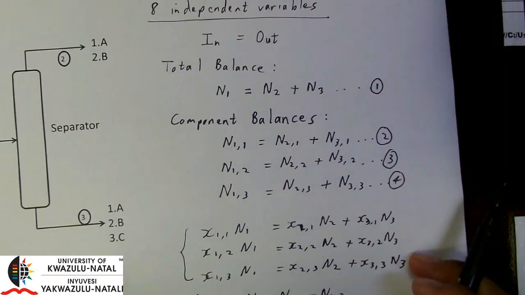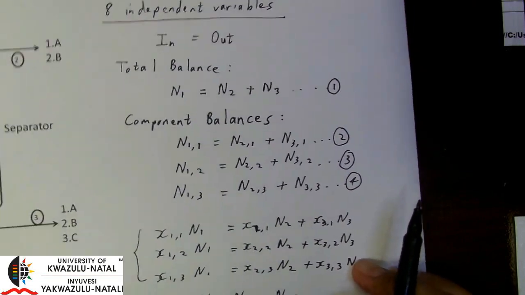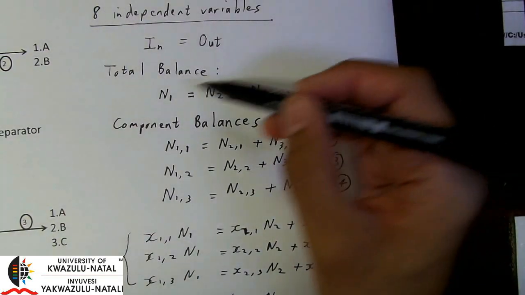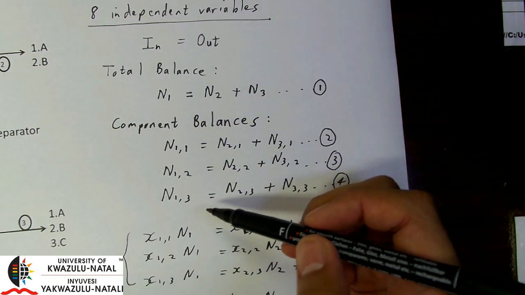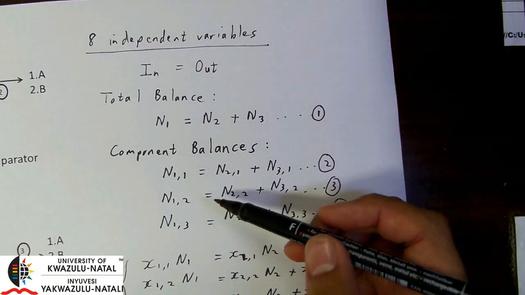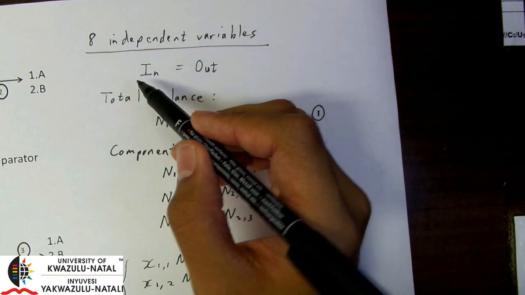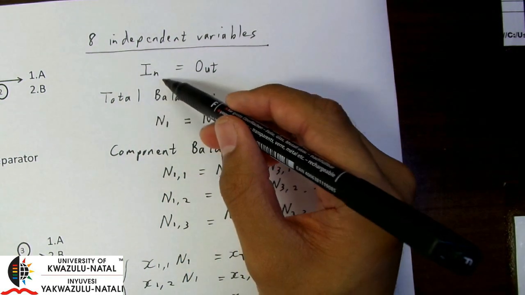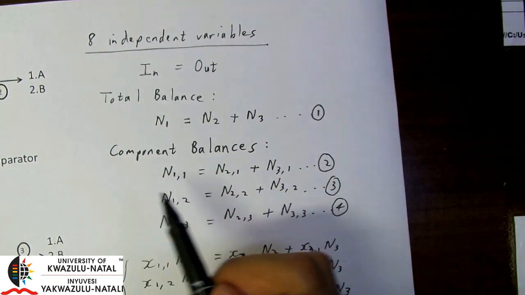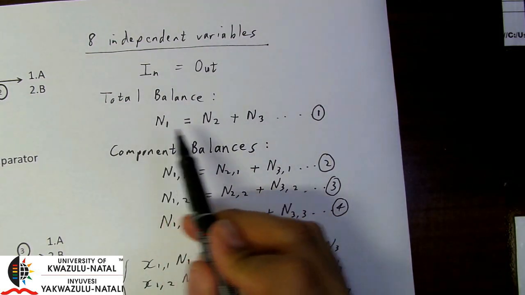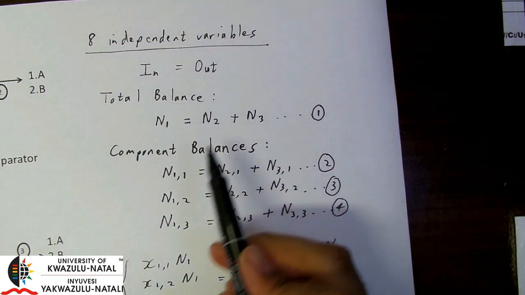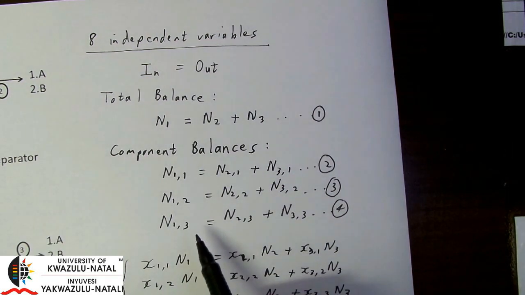Okay, another thing to note is we have now gotten the notation out of the way. This is, of course, how to write a balance equation. Okay, we can say in is equal to out, or you can even express it in terms of out is equal to in. That's fine, but the main issue is that you have to be consistent and be very neat when writing out your balances.